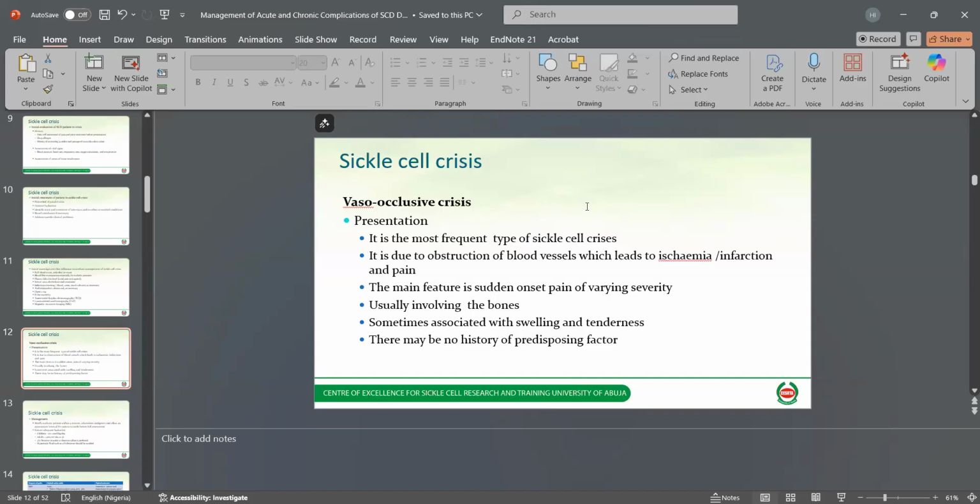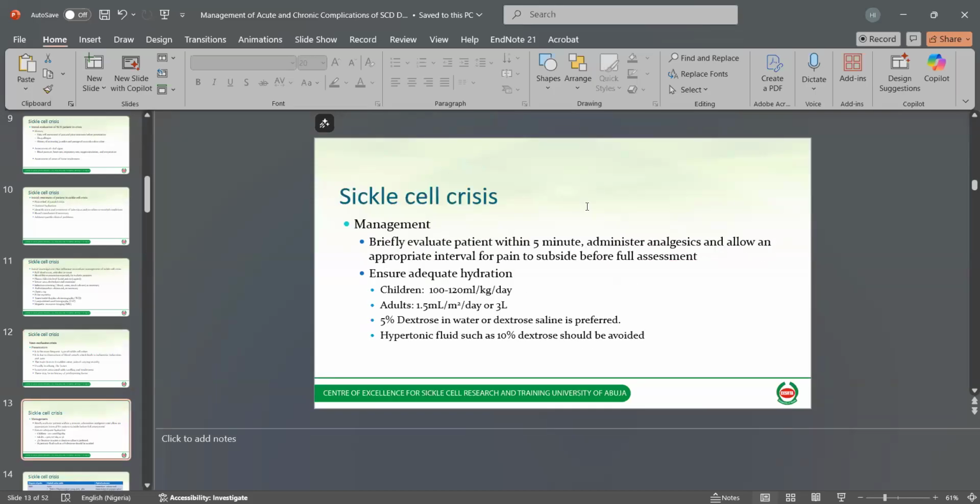The main feature is sudden onset of pain of varying severity, usually involving the bones, sometimes associated with swelling and tenderness because of the pro-inflammatory cytokines or molecules that are released during the crisis. There may be no history of predisposing factors, as we said earlier.